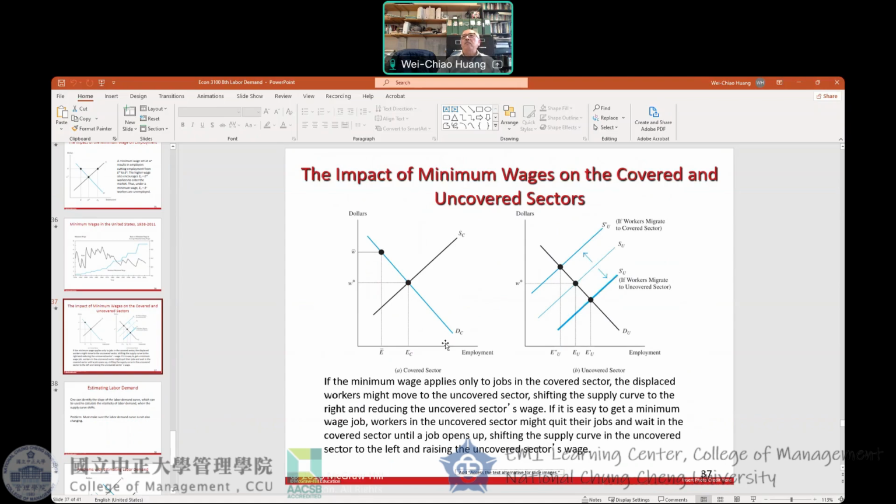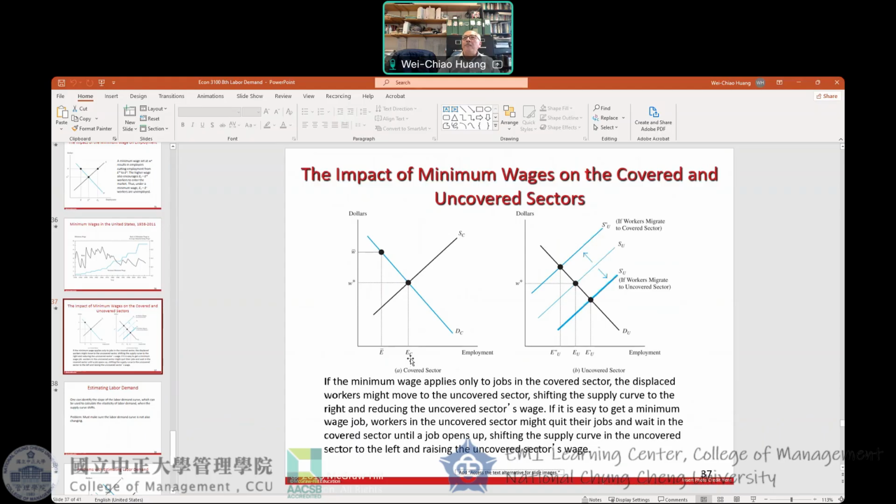In that case, the analysis of the impact of minimum wage on the covered and uncovered sectors is detailed in this picture. Basically, from the previous analysis, we know that minimum wage in the covered sector is going to create unemployment because the effective demand is going to go down according to the demand curve.